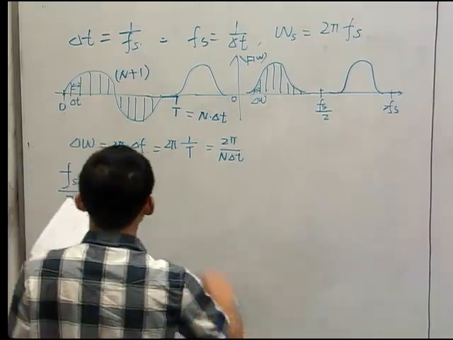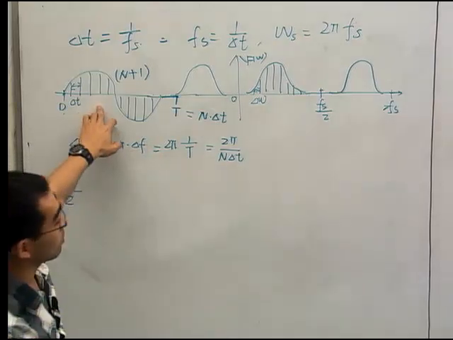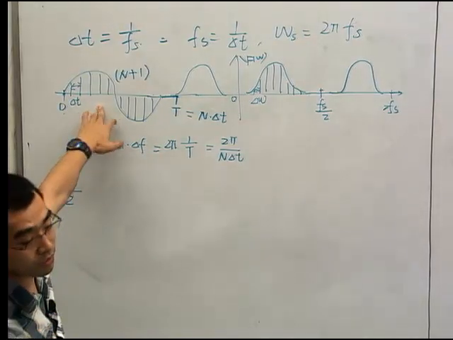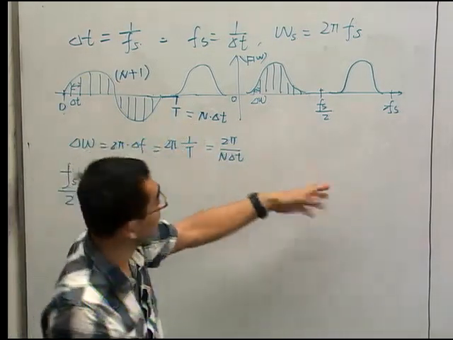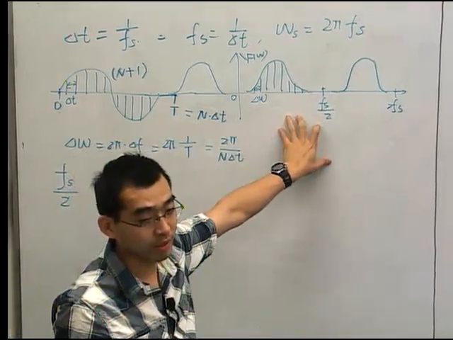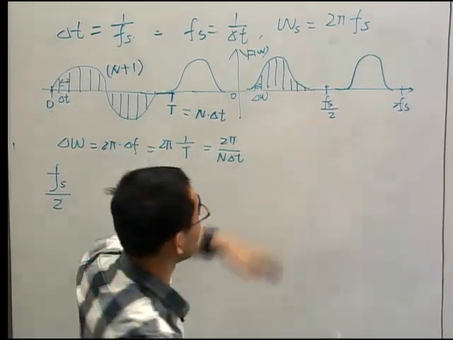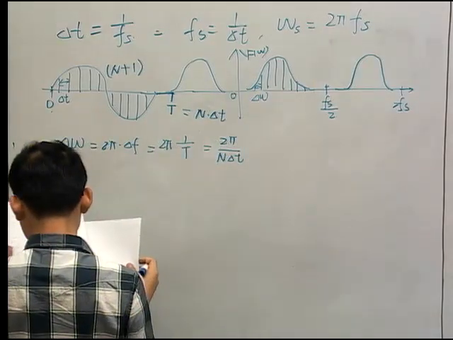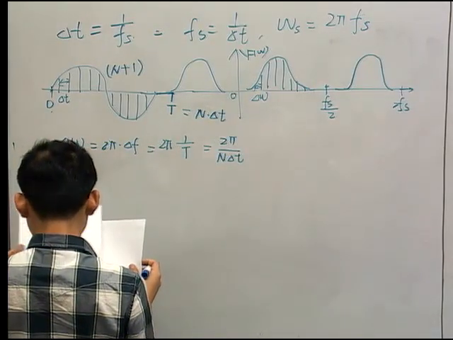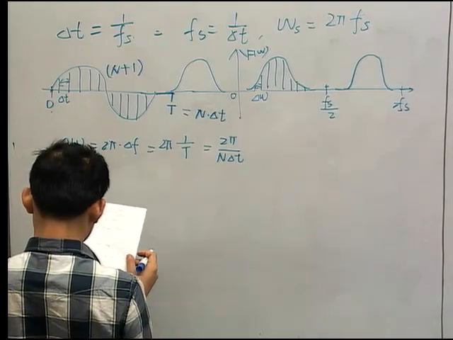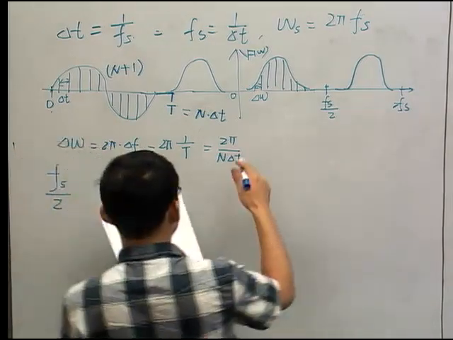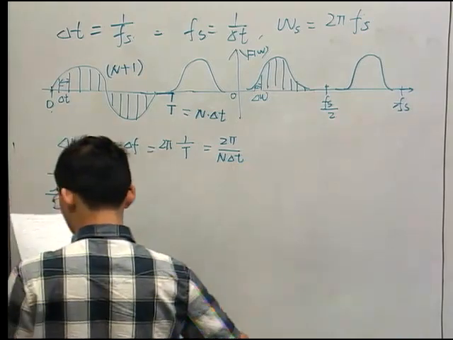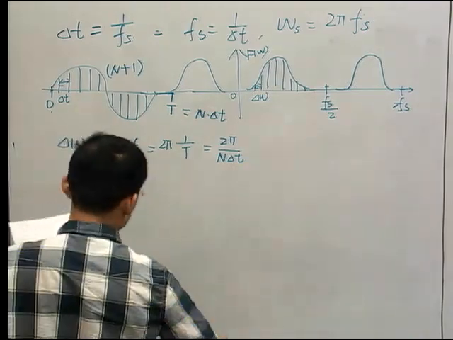Also, in the Fourier transform, if you have n plus 1 points in the time domain, when you do the FFT, you also get n plus 1 points here, right?